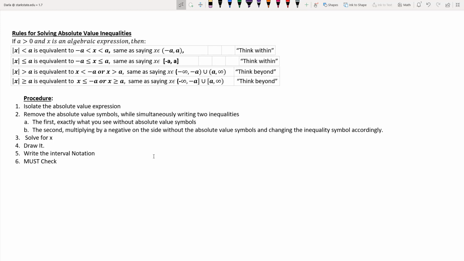The first is exactly what you see without absolute value symbols, and the second is where you multiply by a negative on the side without the absolute value expression. And when you do that, you also need to flip this inequality symbol. And then in both cases, you'll solve for x. You want to draw it, and then you would write your interval notation, and then you would check your solution at the end of the day.